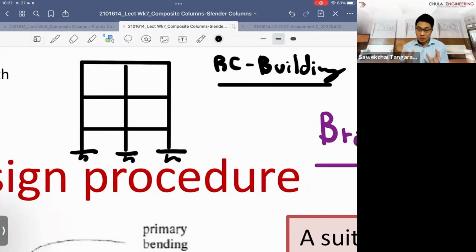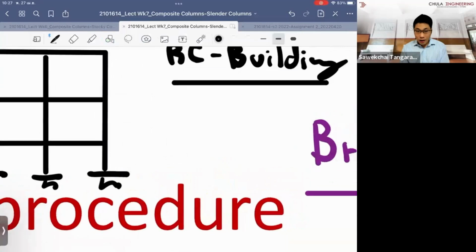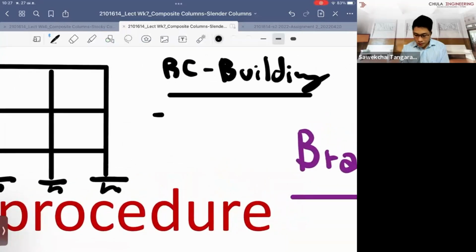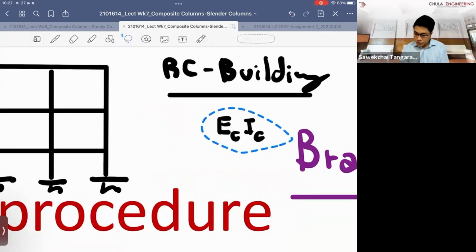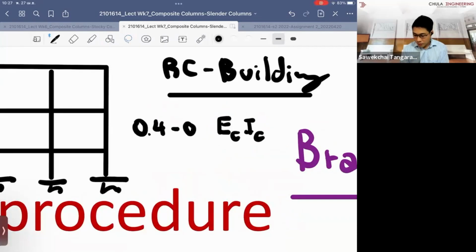So it means you assume there is no crack. Normally for the EI of the concrete, especially when you input the material property for the Young's modulus, they suggest that the ratio should sit between 0.4 up to 0.6 of the actual EI to take into account the cracks in the concrete. Sorry, the cracks in the concrete, not the buckling.